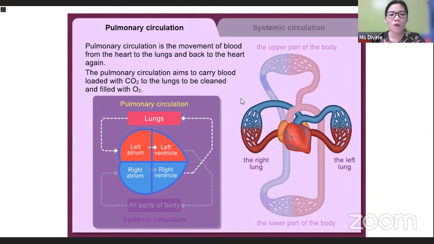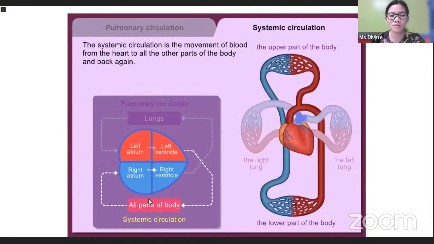It goes to the lungs, and the lungs will be the ones to clean it and fill it with oxygen. That is your pulmonary circulation.